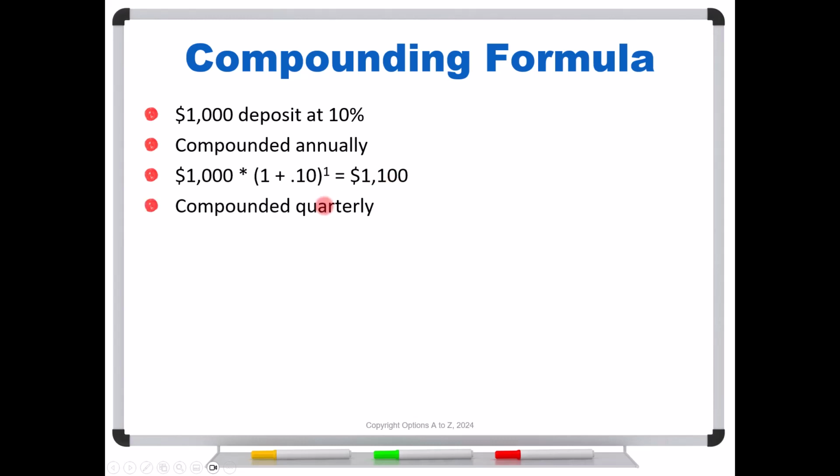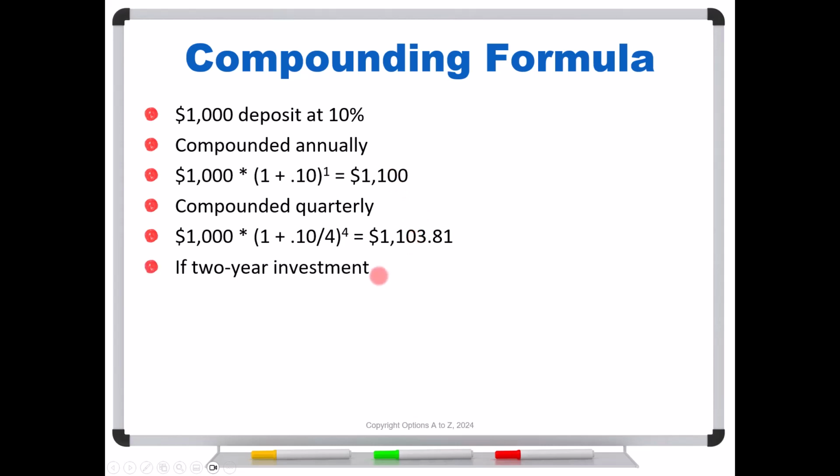If it's compounded quarterly, we take that $1,000 times 1 plus the interest rate divided by 4, or 2.5%, but we're going to raise it to the 4th power because we're going to multiply that each quarter. That's going to give you 1103.81. So you can see not a huge difference, at least for the course of a year.